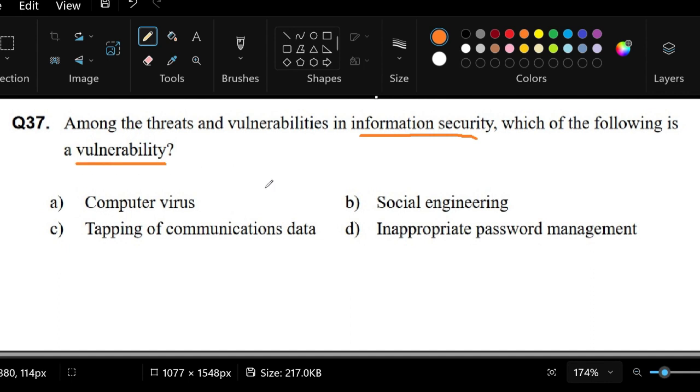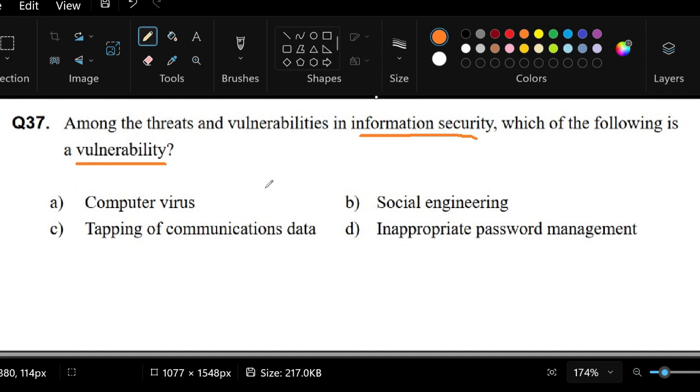When we say vulnerability, we have this idea that it's something that is exploitable. We have this particular part in our system which people can exploit, which people can take advantage of.